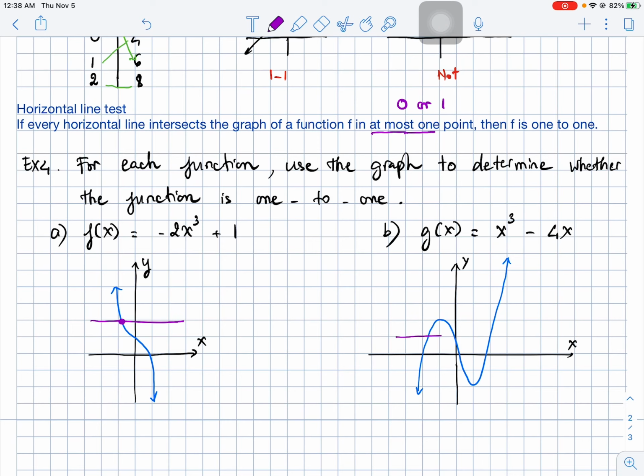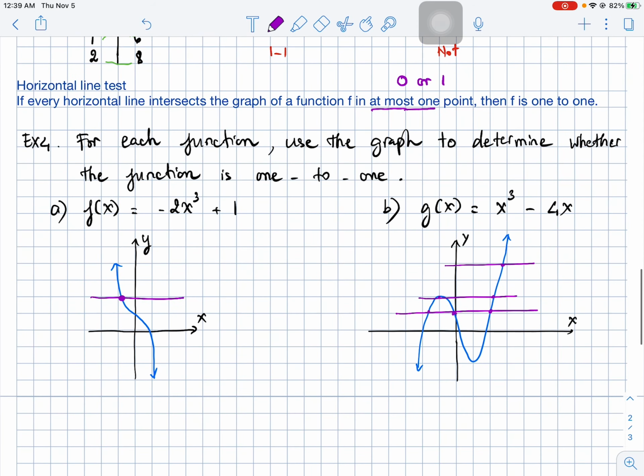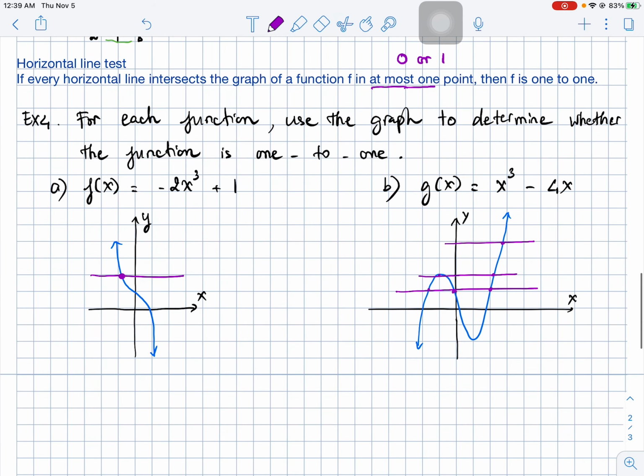But in part B, it meets at 3 points, or sometimes when you move it, it meets at 2 points, or if you move again, it meets at 1 point. It's just like 3 friends having the same birthday. So part B is not one-to-one, but part A is one-to-one.